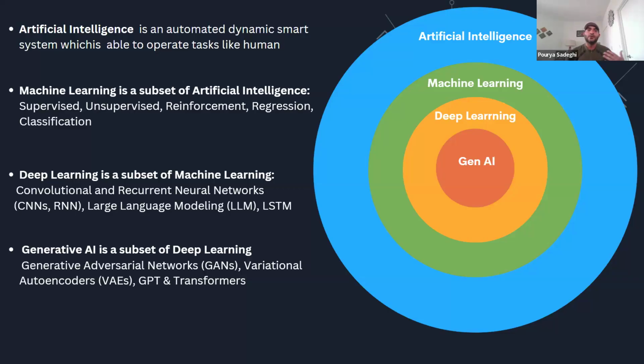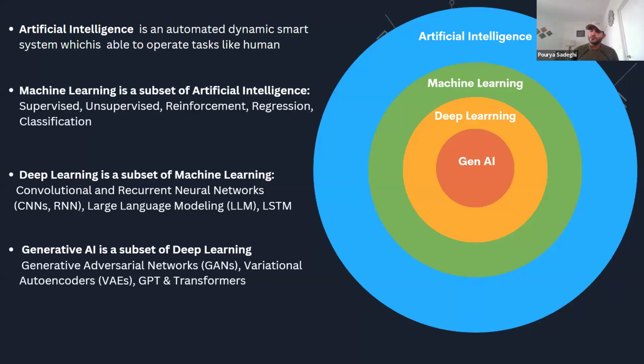And here, we just want to tell you some high-level concepts and models, what kind of models we're using. In machine learning, we have different models, like supervised, unsupervised, reinforcement, regression, and classification. When we talk about supervised and unsupervised, we talk about labeled data and data which are not labeled, right?